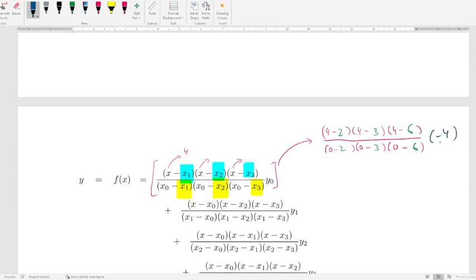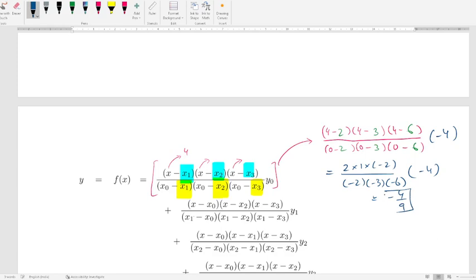Now the calculation has become very easy. So 2 multiplied by 1 multiplied by negative 2, divided by negative 2 multiplied by negative 3 multiplied by negative 6, entirely multiplied by negative 4.